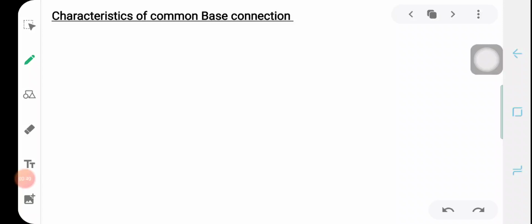a transistor. Generally we will discuss three types of characteristics. If we study the input voltage and input current, the relation between the input voltage and input current, we call it the input characteristics.